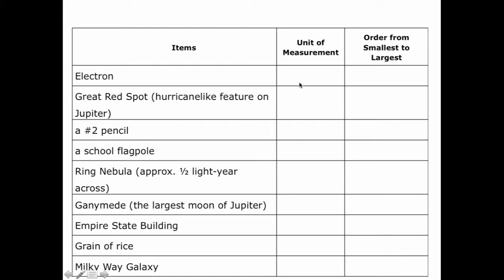What would you measure an electron with? Would you measure it with a millimeter, a centimeter, an atomic mass unit, a kilometer? And after you have written all of the units, wow, it's been a long time since I've made one of these, then go ahead and order them. Smallest would be number 1, second smallest 2, third smallest 3, all the way to the largest, okay?